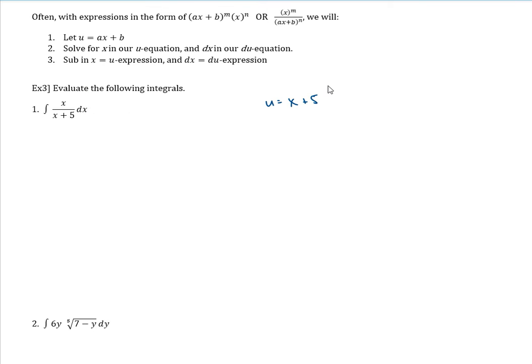And as soon as I have my u, I want to solve for my du, which would be, the derivative of x is 1, and then attach dx. So du is dx, because 1 times dx is dx. So I have my u and I have my du.